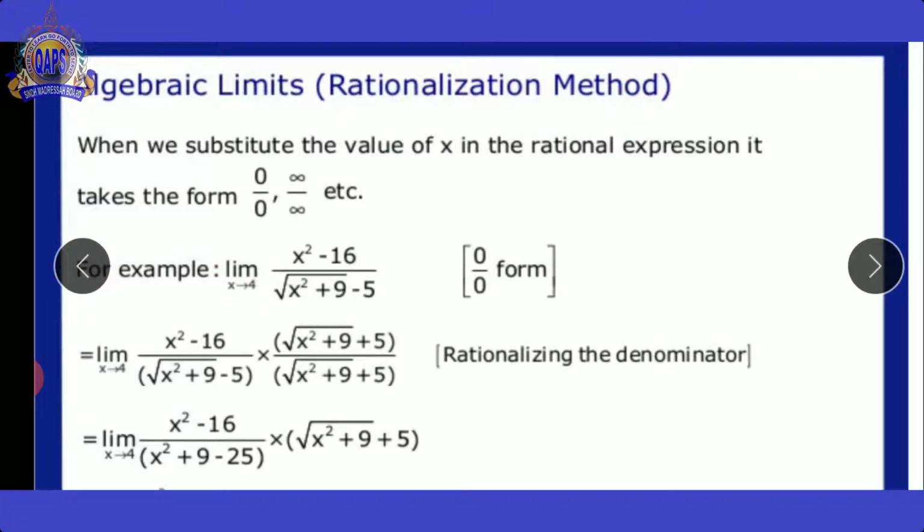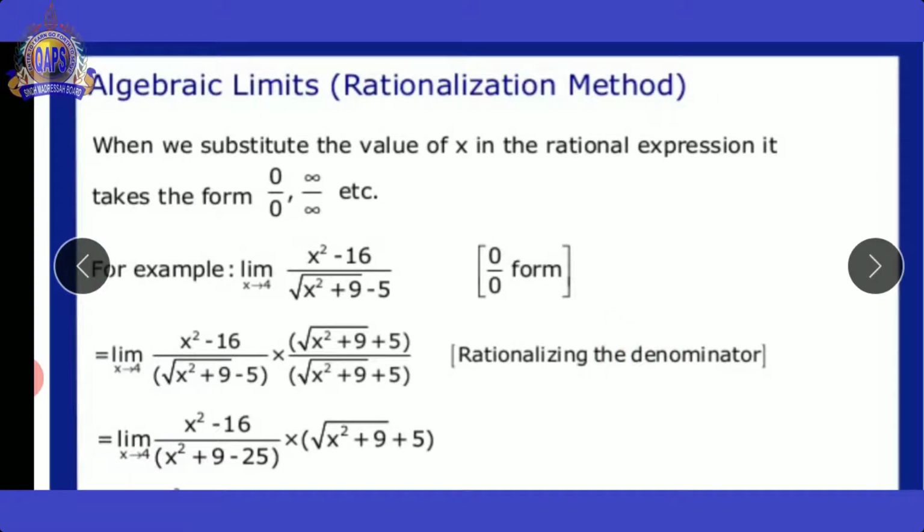For example, limit x tends to 4 of x square minus 16 upon root of x square plus 9 minus 5. When we put x approaches 4 directly, 4 square will become 16, then 16 minus 16 will become 0.